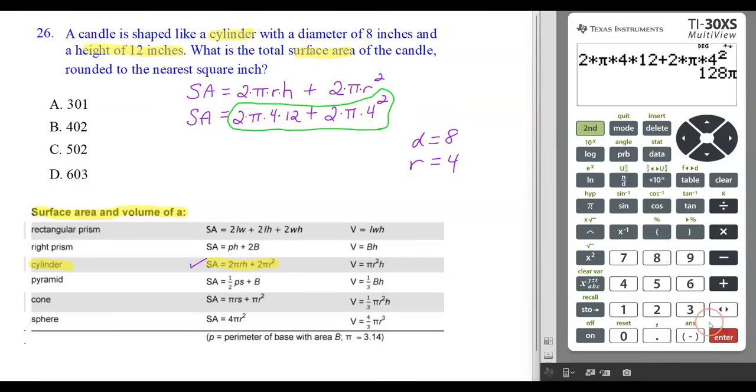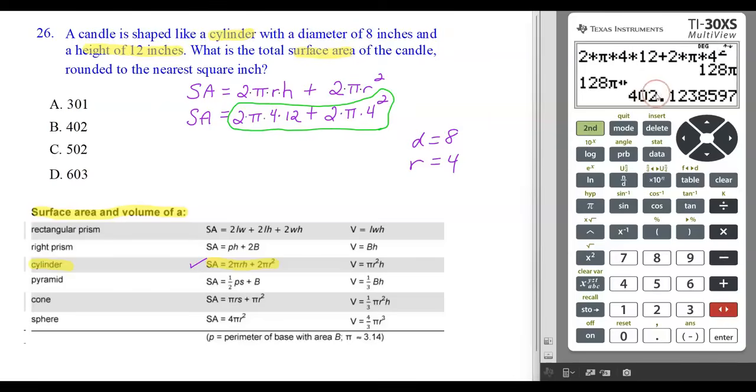Hit enter. And you get this funny notation whenever that happens. I've told you, don't stress about this. Just hit your toggle button so it looks like your answer choices. So 128 pi, hit this toggle button, and you get about 402. Because it says round to the nearest square inch, I'll just drop off this stuff to the right of the decimal. 402 is the surface area, which matches up with letter B.